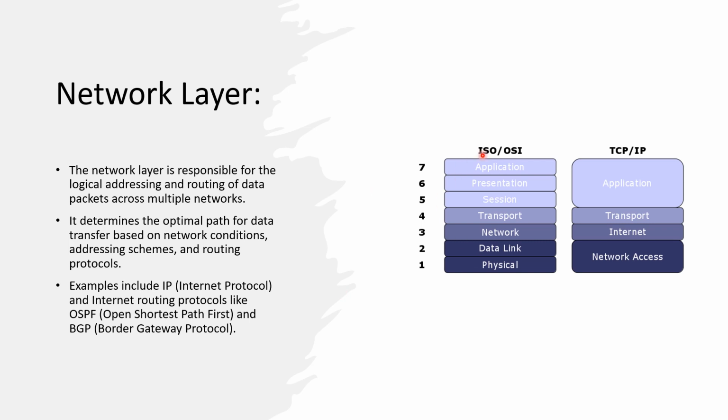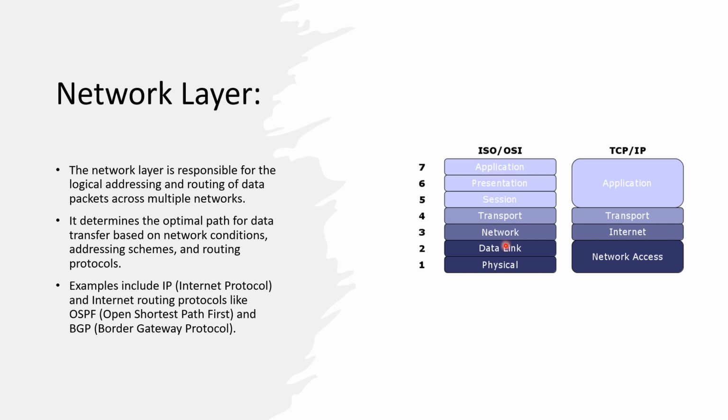Here we can compare OSI and TCP layers. TCP means Transmission Control Protocol. IP means Internet Protocol. In OSI, physical layer and data link layer, in TCP we call as network access.